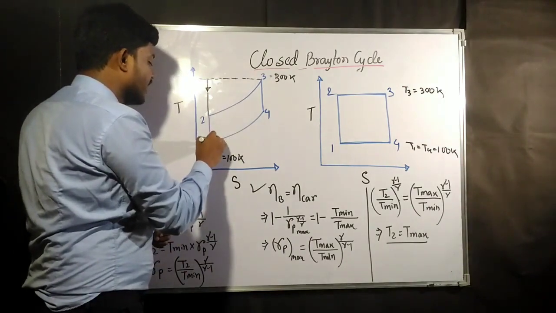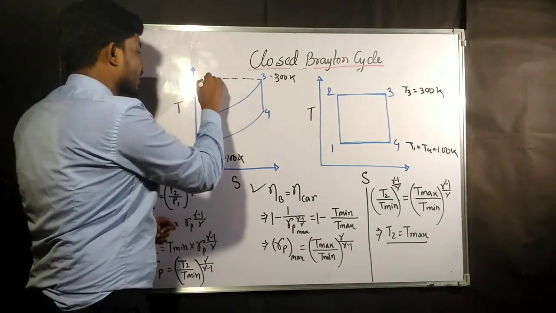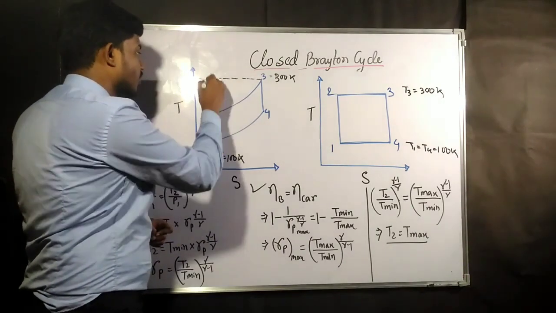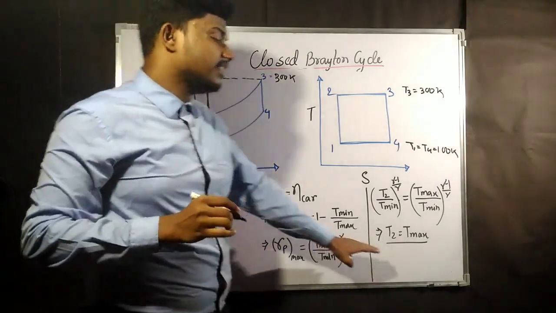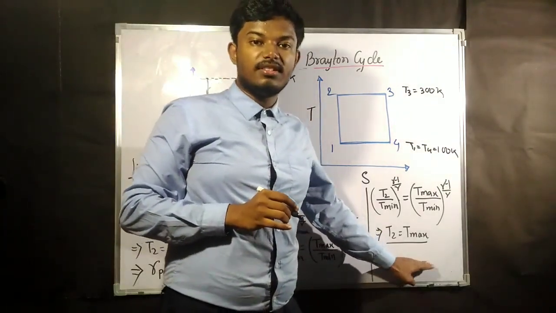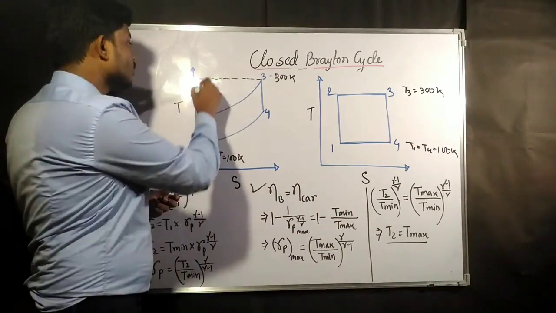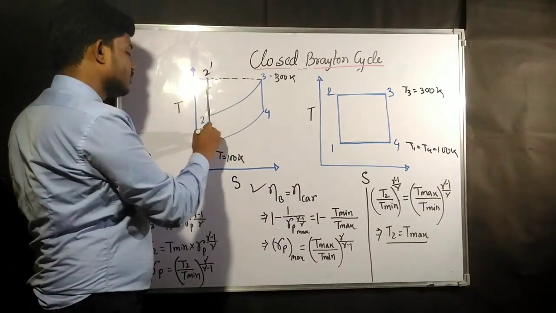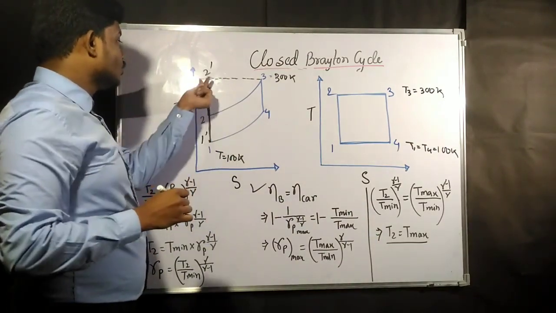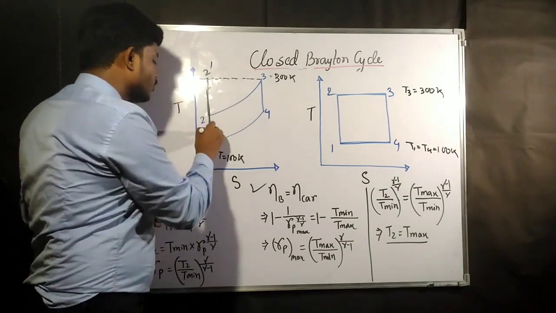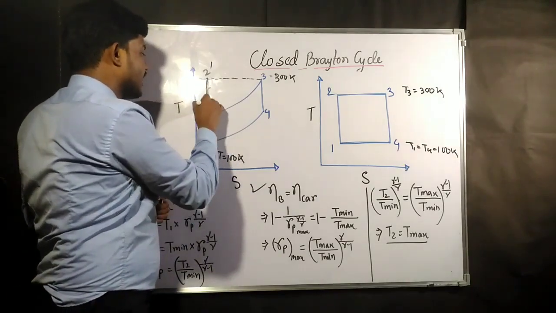Then you have to come back from here only. That means your cycle will go from 1 to 2 and again come back to point 1, if this condition has to happen. So this will be your 2 dash, this will be your 1 dash. Your cycle is going to be nothing but a straight line.